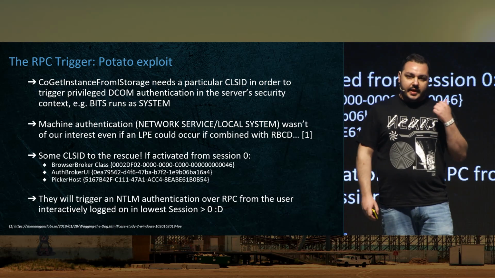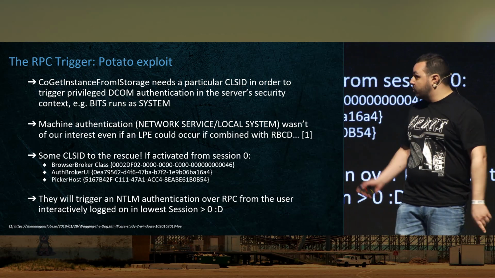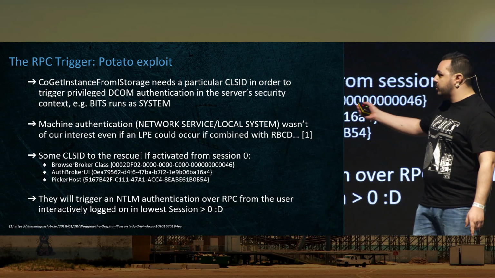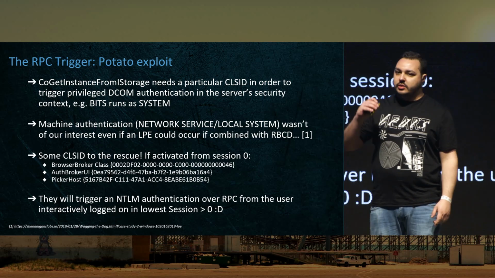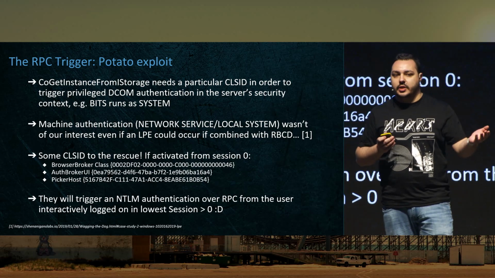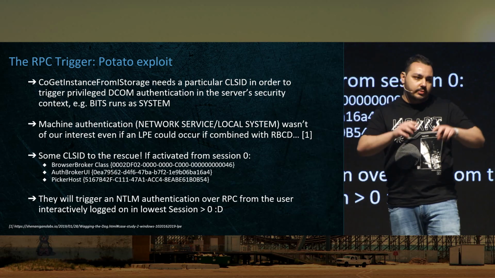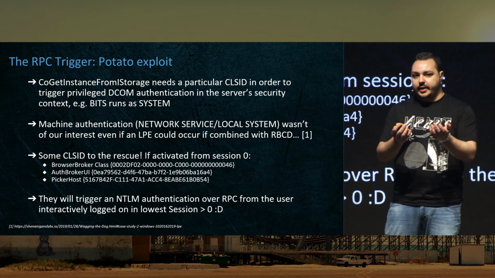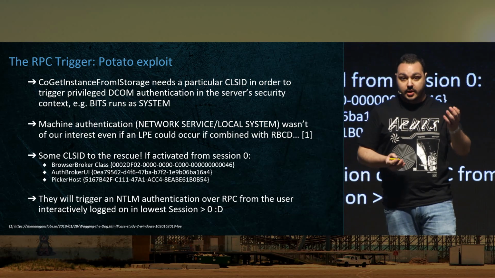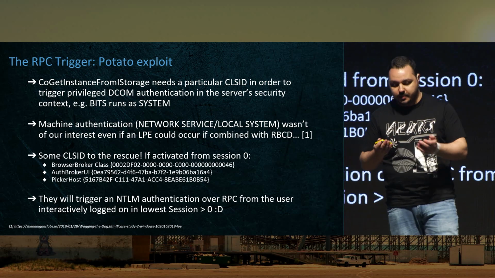If you invoke the activator with one of these CLSIDs, for example PickerHost, you will have the authentication of the first user interactively logged on. So in a certain sense, you are stealing the authentication of another user that is currently logged on your machine.